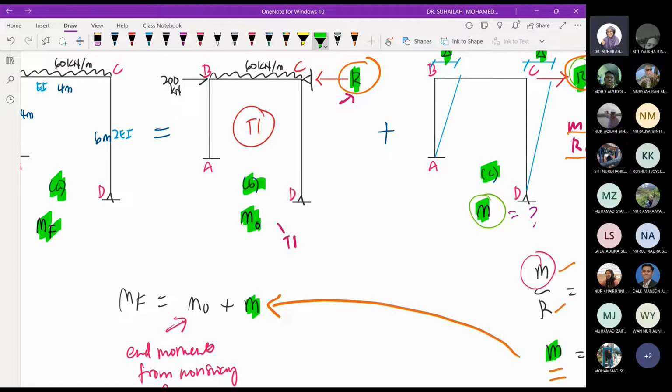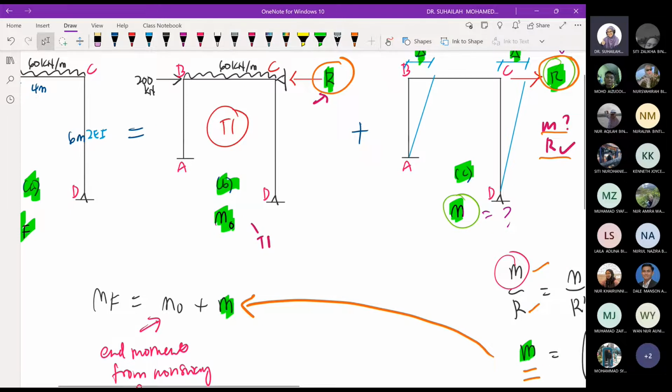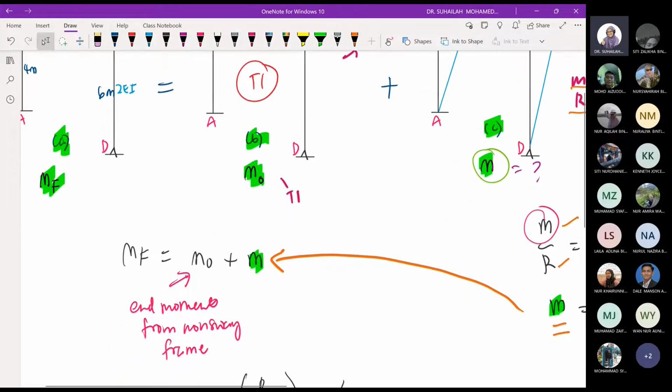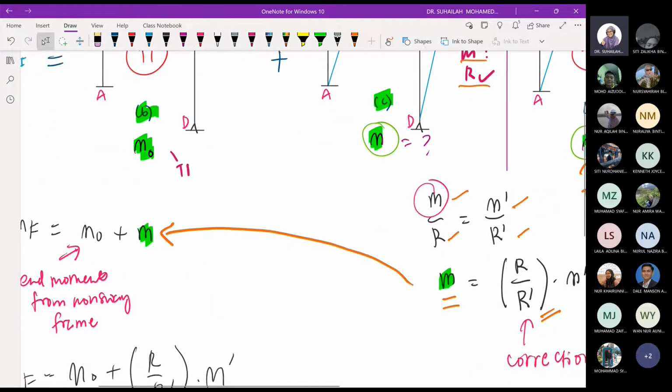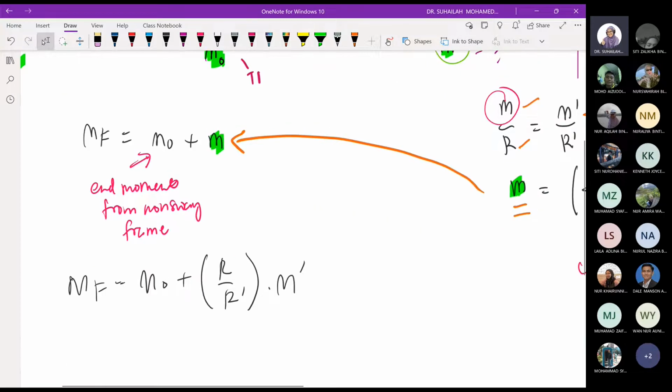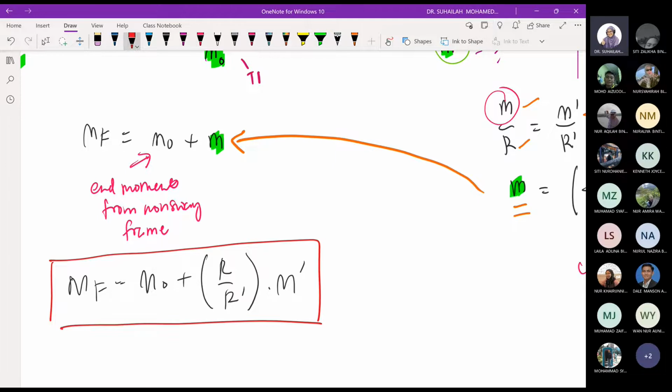The end moment for diagram B is M naught, from table number 1, and M from diagram C. So M final equals M naught plus M. When we substitute M, which is R divided by R prime times M prime, we get the final equation.